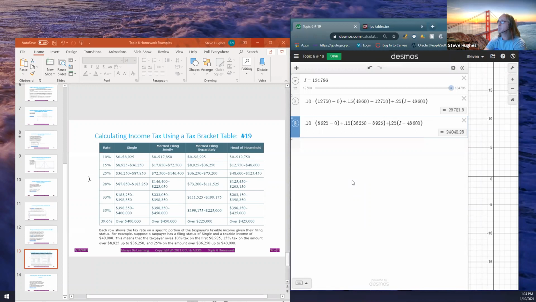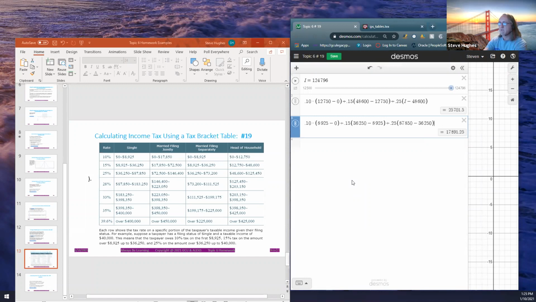Plus 25% times, I've got to change this up, 87,850 minus 36,250.